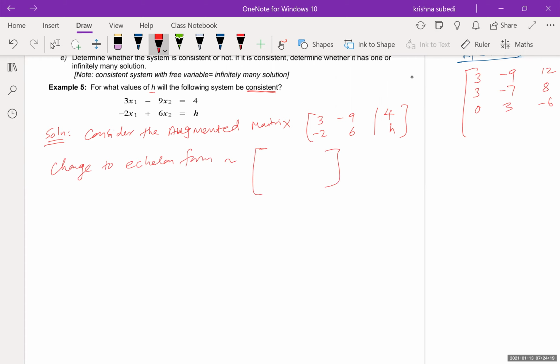And so if you change it into echelon form, what you're going to get would be... okay, I'll wait for you guys.